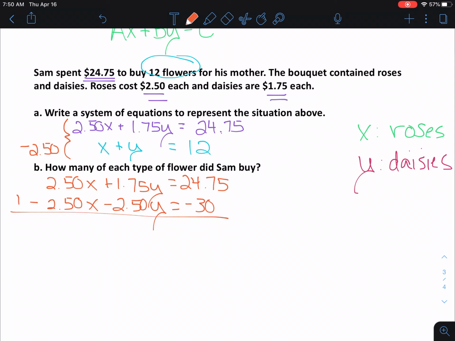Now I can add these together. These will eliminate, that's what I want. This is going to give me negative 0.75y. Make sure you watch that negative. And this would be negative 5.25.